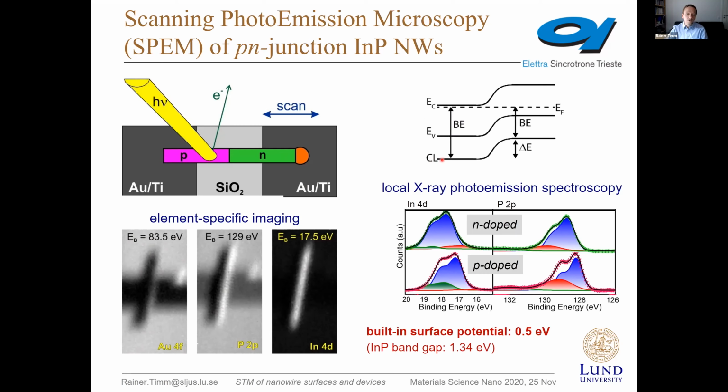And that is because our core levels that we probe when we do photoemission spectroscopy follow the band bending of the conduction band and valence band. So we can measure the built-in surface potential here, which with this technique again amounts to 0.5 electron volt.